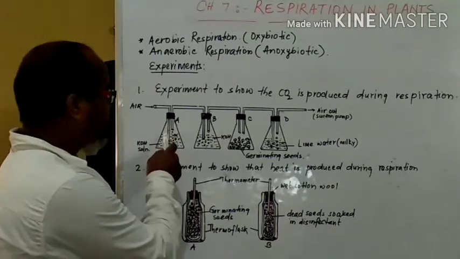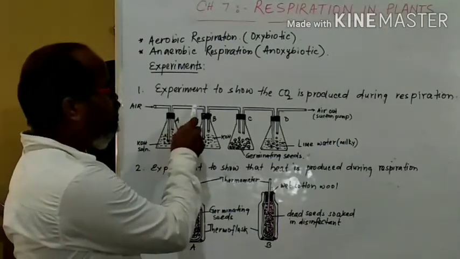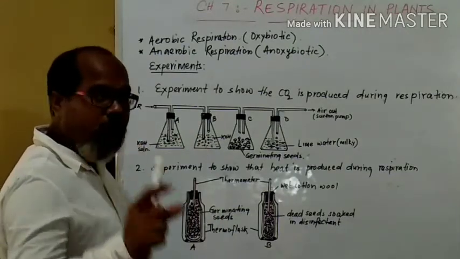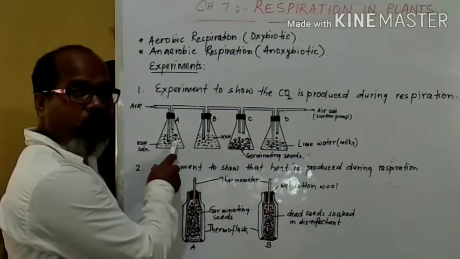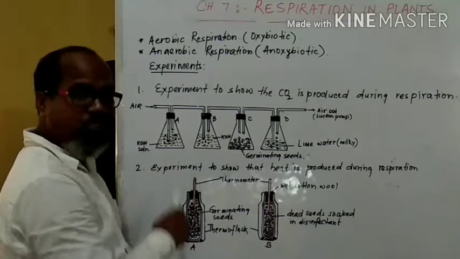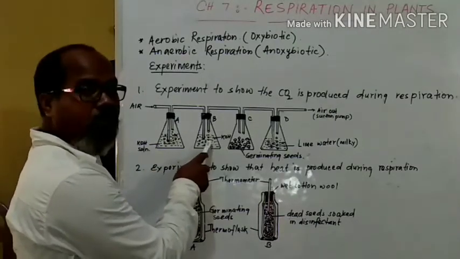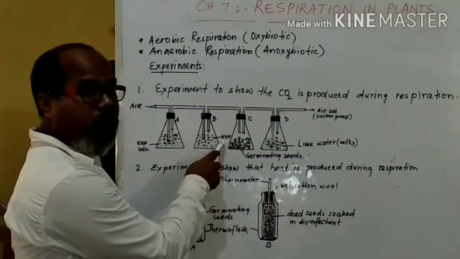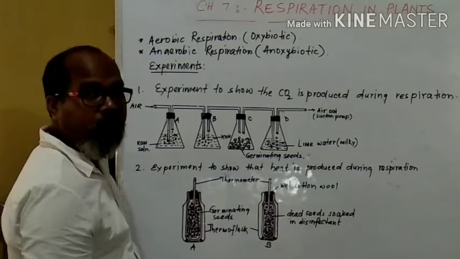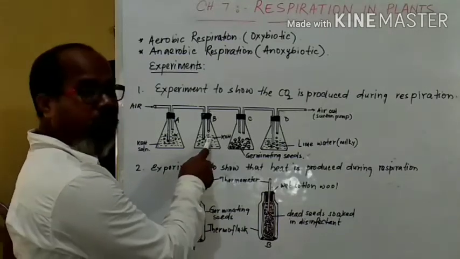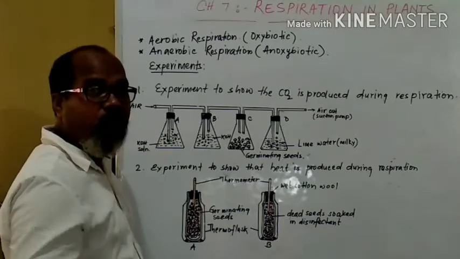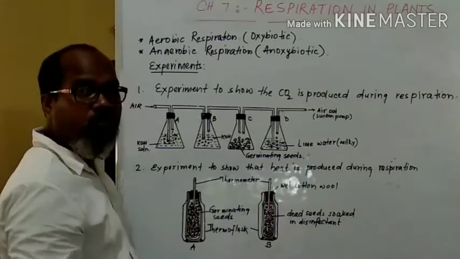The rest of the air moves through this tube to flask B. Any remaining carbon dioxide which could not be absorbed in flask A will be absorbed by the potassium hydroxide of flask B. So by the time the air moves out of flask B, it is free of carbon dioxide. There is no carbon dioxide.